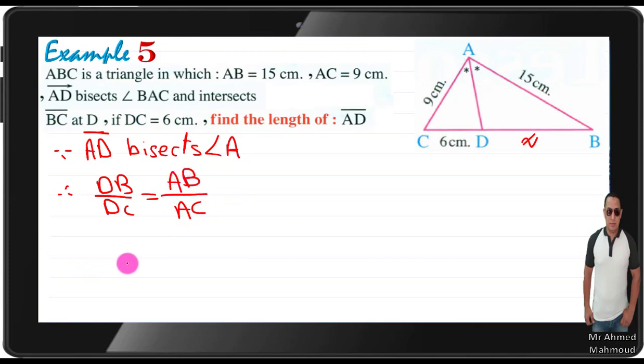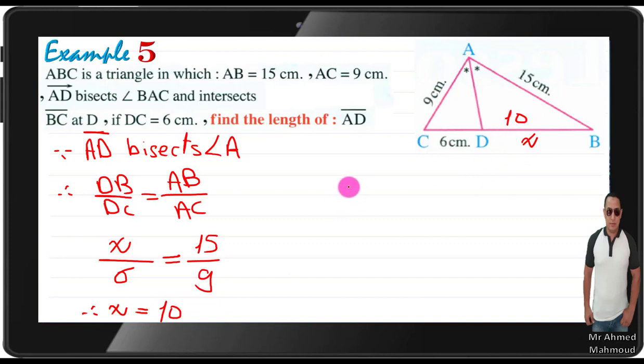So X over 6 equals 15 over 9. Therefore X equals 15 times 6 over 9, which equals 10. So here BD equals 10.